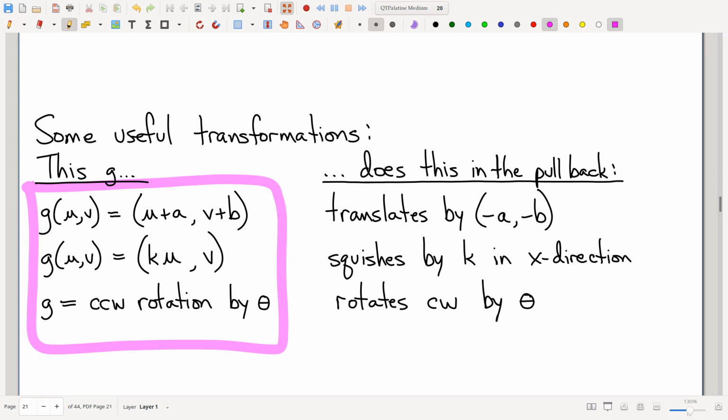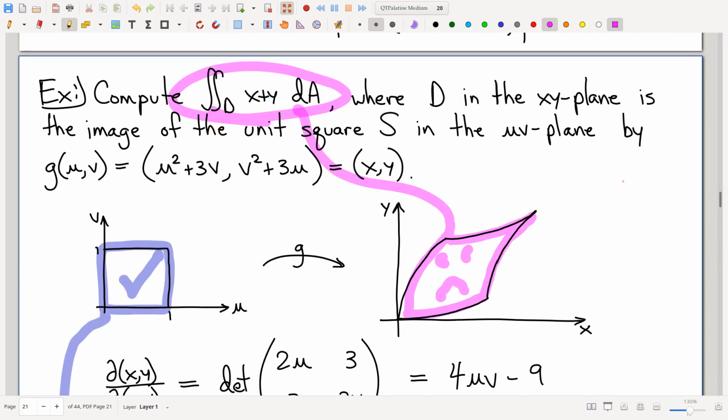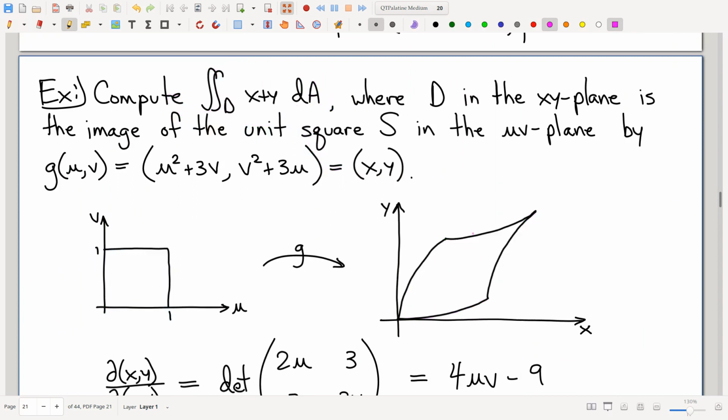If you want to move something around, we have an easy formula for how to take points and move them around. You always want to keep in mind that what a given formula does in the pullback process is kind of the opposite. So, reminder, looking at the picture, our change of variables function goes that way. In the pullback, we're kind of going the other way, right?